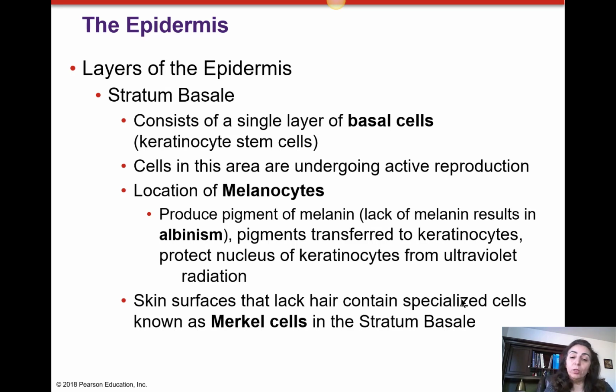So in parts of the body that do not have hair, we have Merkel cells in the stratum basale. So besides the basal cells, in stratum basale we have melanocytes and Merkel cells. I call them M and M, right? There are two, and those are delicious, right? In the stratum basale, melanocytes and Merkel cells, two M's that you have here.